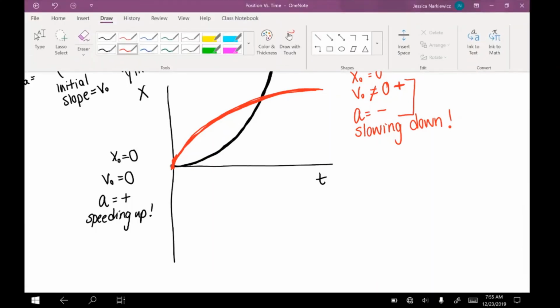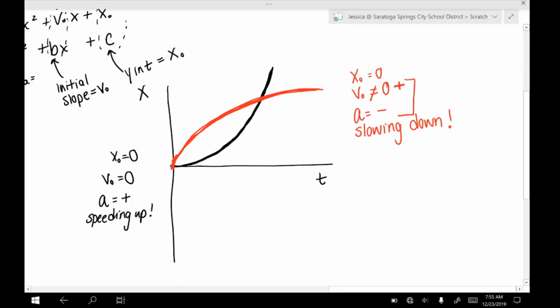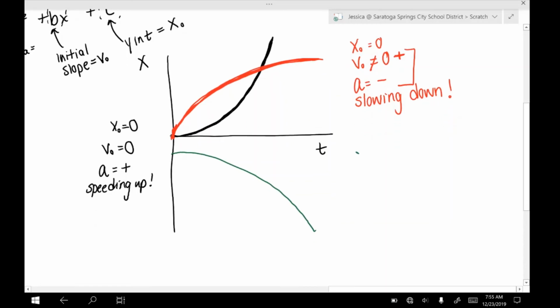Let's take a look at another graph. Another graph we might have is one that looks like this. In this case, we have an initial position that's negative, because our y-intercept is negative. It looks like our initial velocity, the slope at this point, is 0.